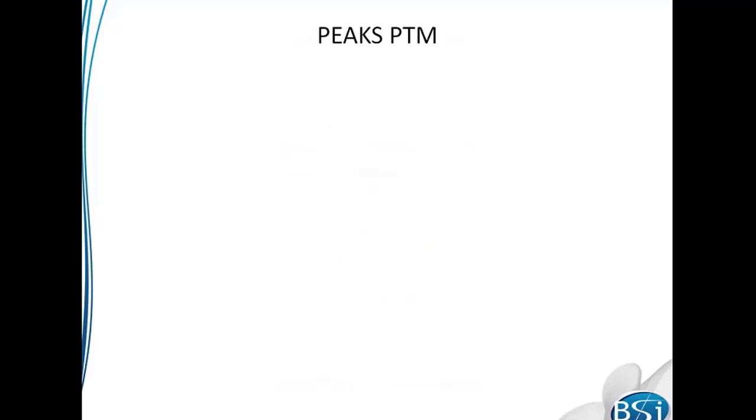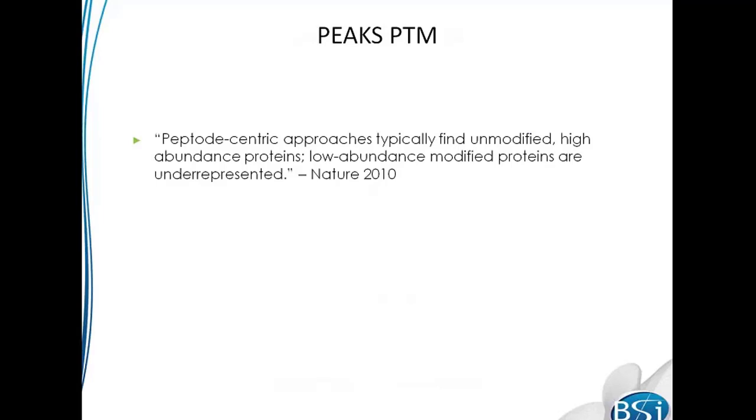Right. And then we also have PEAKS PTM included. So the concept here is that most peptide-centric approaches typically find unmodified high-abundance proteins, and low-abundance modified proteins are usually underrepresented in database search results.